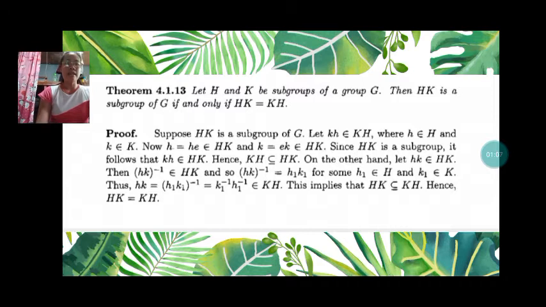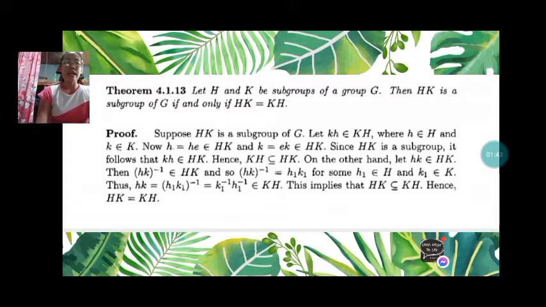On the other hand, let hk be an element of HK. Then, hk inverse is an element of HK and so on. hk inverse is equal to h sub 1 k sub 1 for some h sub 1 element of H and k sub 1 element of K. Thus, hk is equal to h sub 1 k sub 1 inverse, which is equal to k sub 1 inverse h sub 1 inverse, an element of KH.